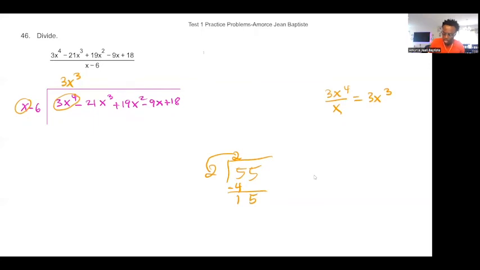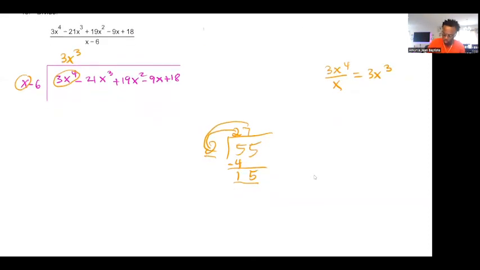Then you restart the process again. How many times 2 goes into 15? You would say 7 times. And then you multiply the 7 by 2, that will be 14. And then 14 subtracted from 15 will be 1. This is called your remainder.